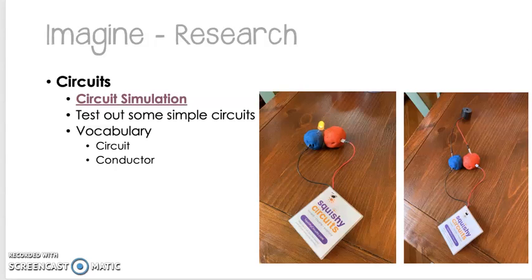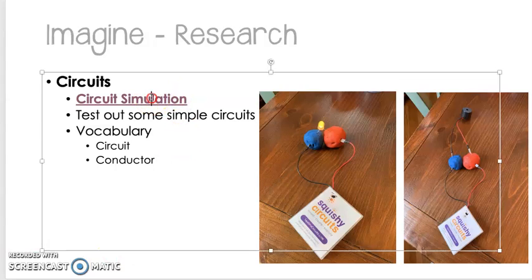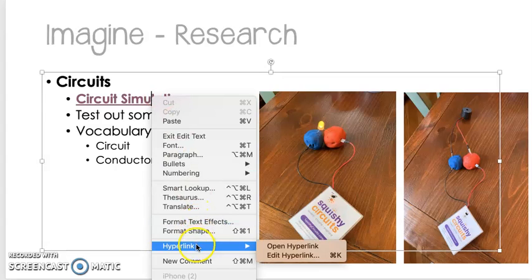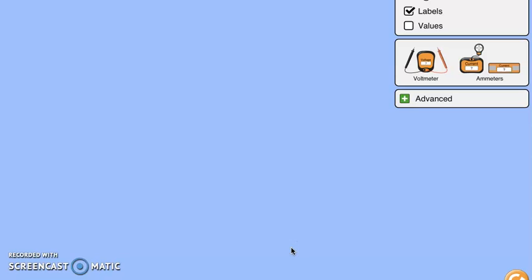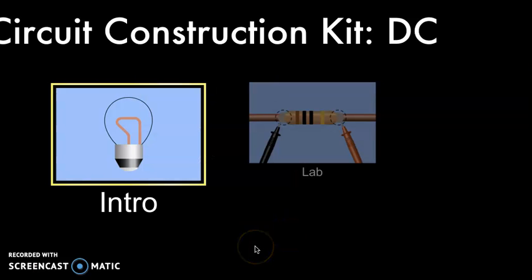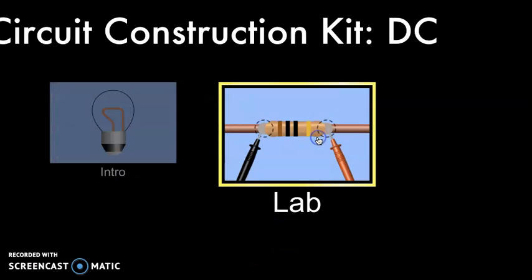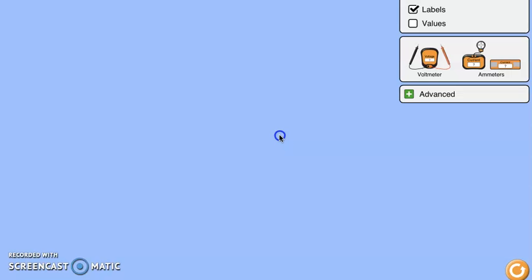The second part of this is to look at circuits. By this point, I would hope students would have some understanding of circuits. I would have them go to this circuit simulation, which one of you had shared with me a couple modules ago. And this is actually really cool.